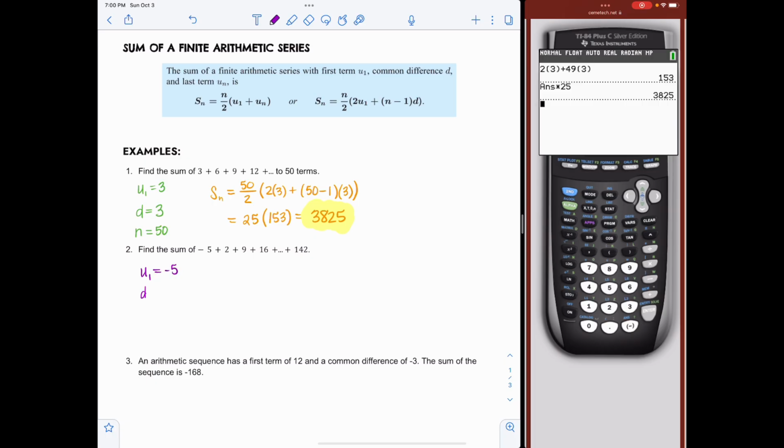We know our common difference is 7 because we're adding 7 each time. And we also know that our U sub n is equal to 142. Well, what we don't know is the number of terms. We don't know which number term is 142. So let's use some information to find n.